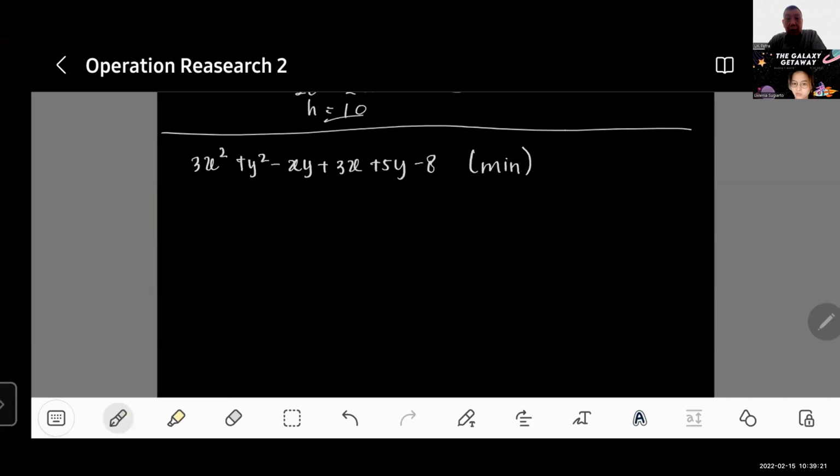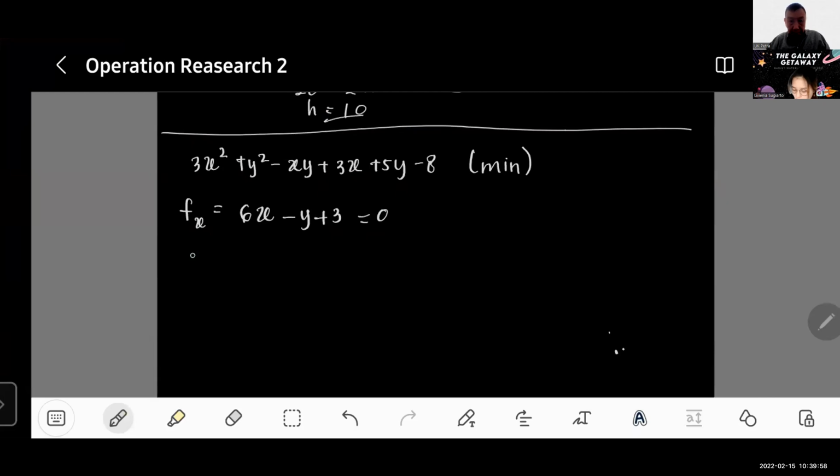So what will you do? First you take the partial derivative with respect to x. That means only consider the x. It should be 6x, then minus y, and then plus 3, equal to 0.